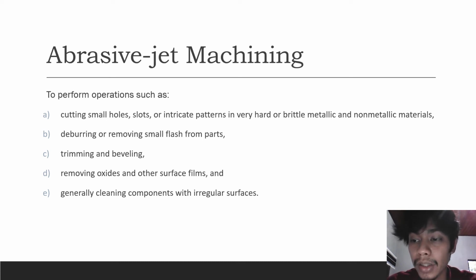The impact of the particles develops a sufficiently concentrated force to perform operations such as cutting small holes, slots, or intricate patterns in very hard or brittle metallic and non-metallic materials, deburring or removing small flash from parts, trimming and beveling, removing oxides and other surface films, and generally cleaning components with irregular surfaces.